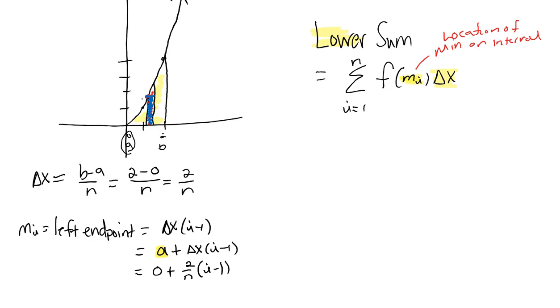So I'm going to start substituting this information into the formula for the lower sum. I have sum i equals 1 to n, f of, I've got my mi right here, 0 plus 2 over n times i minus 1 is 2 over n times i minus 1. That's what's going to go inside f.